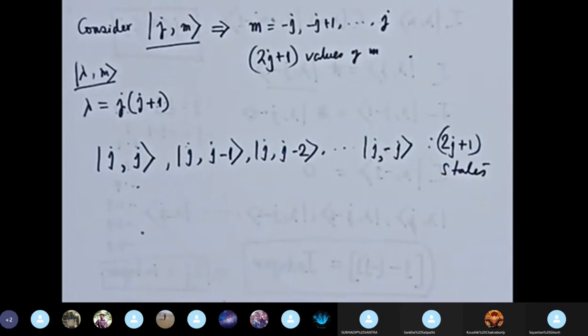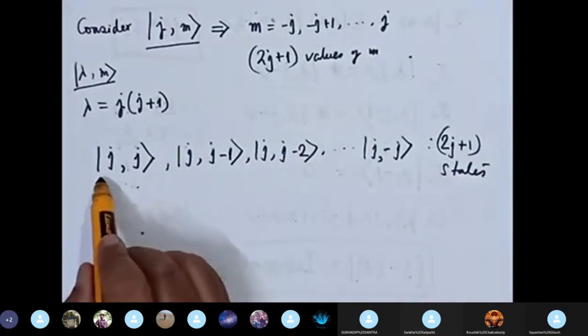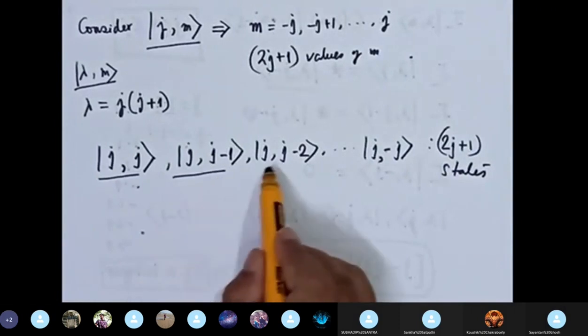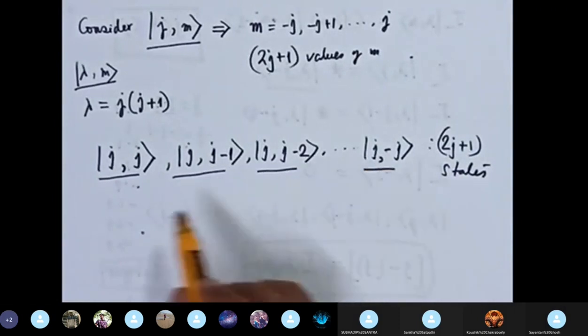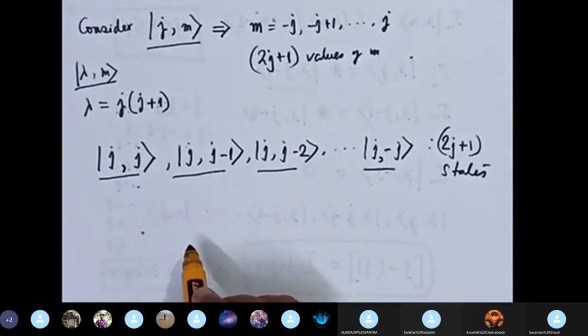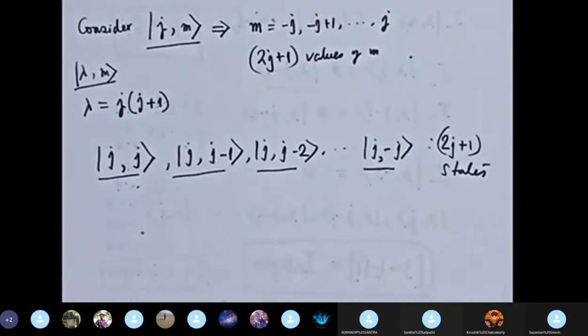Clear? Now all these states are what? Orthogonal states. Why? Why are all these states orthogonal? Anyone? Can you tell me the argument why all these states are orthogonal?